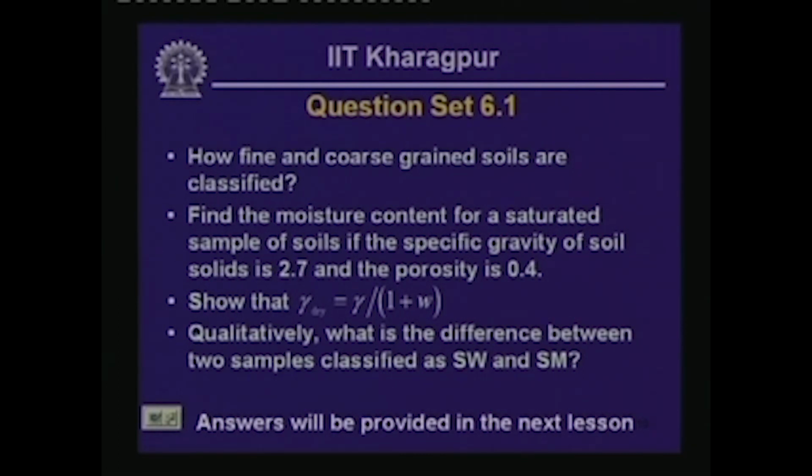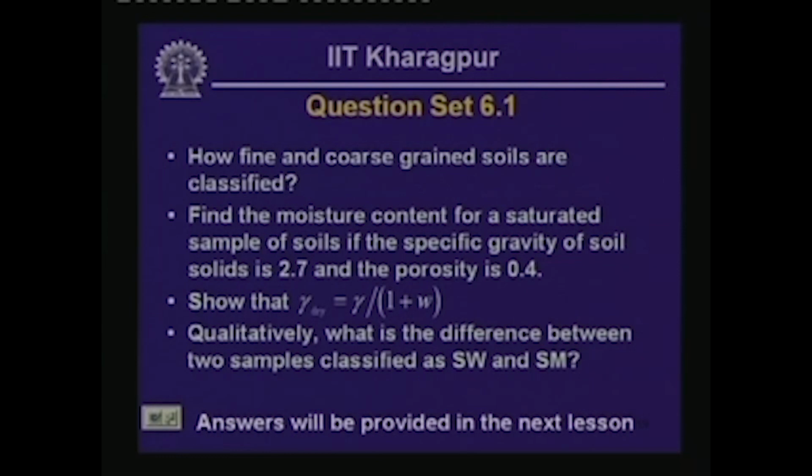Try to answer these questions at your leisure. The first question is how fine and coarse grained soils are classified. The second question is to find the moisture content for a saturated sample of soil if the specific gravity of soil solids is 2.7 and the porosity is 0.4.